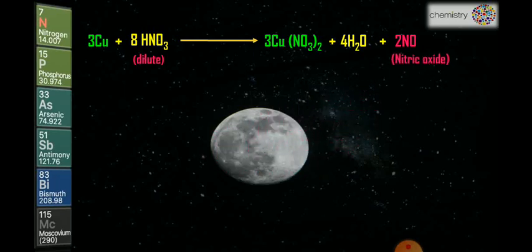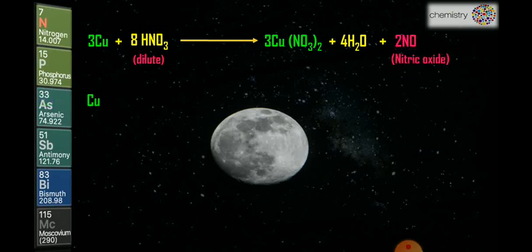When copper undergoes oxidation in the presence of dilute nitric acid, copper oxidizes into copper nitrate, and nitric acid itself gets reduced into nitric oxide. This is the reaction of copper metal with dilute nitric acid.